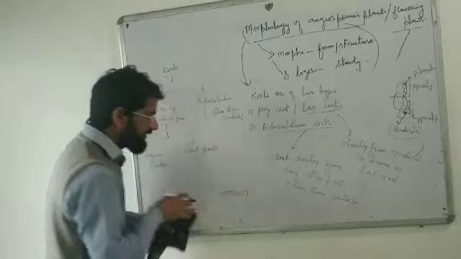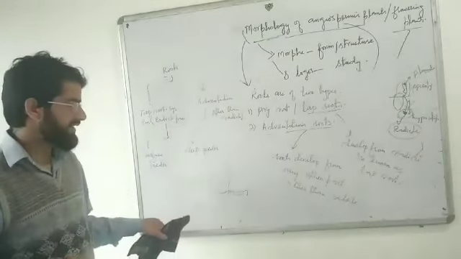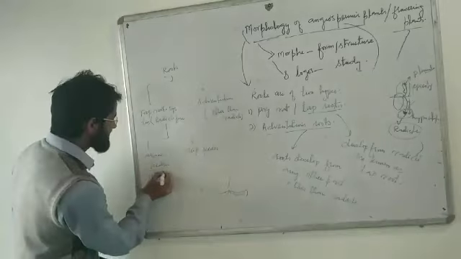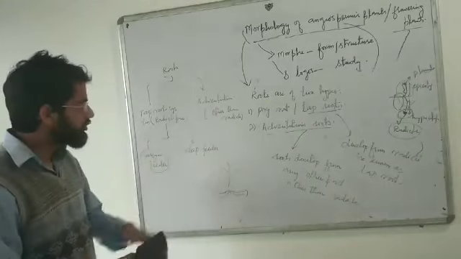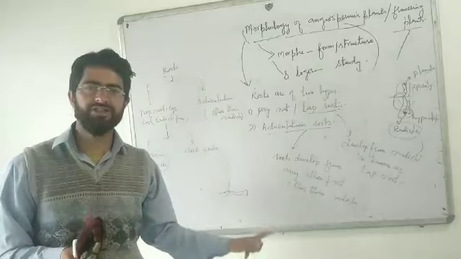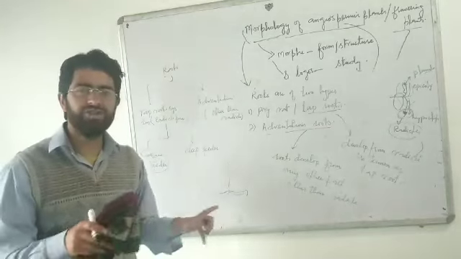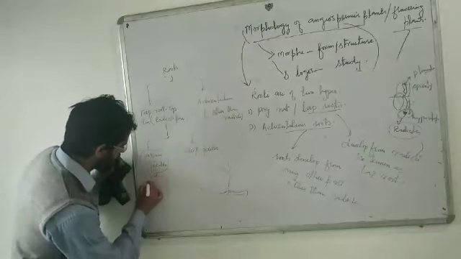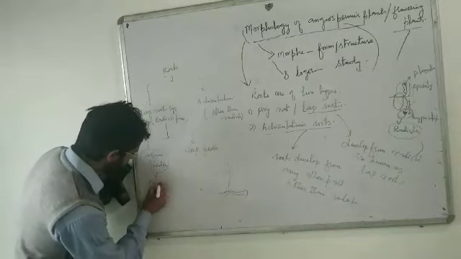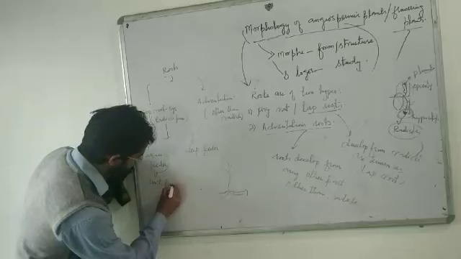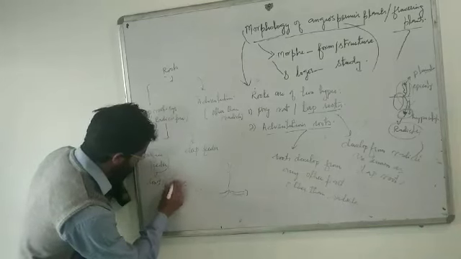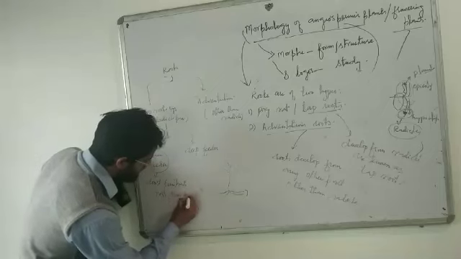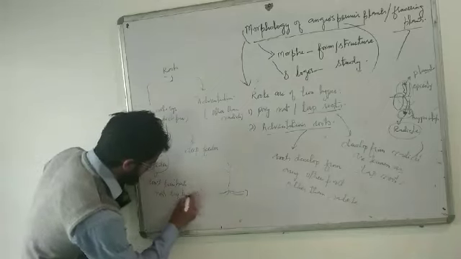Those roots which spread beneath the soil surface but don't penetrate deep are called surface feeders. Usually they are small, herbaceous, or sometimes shrubby plants.